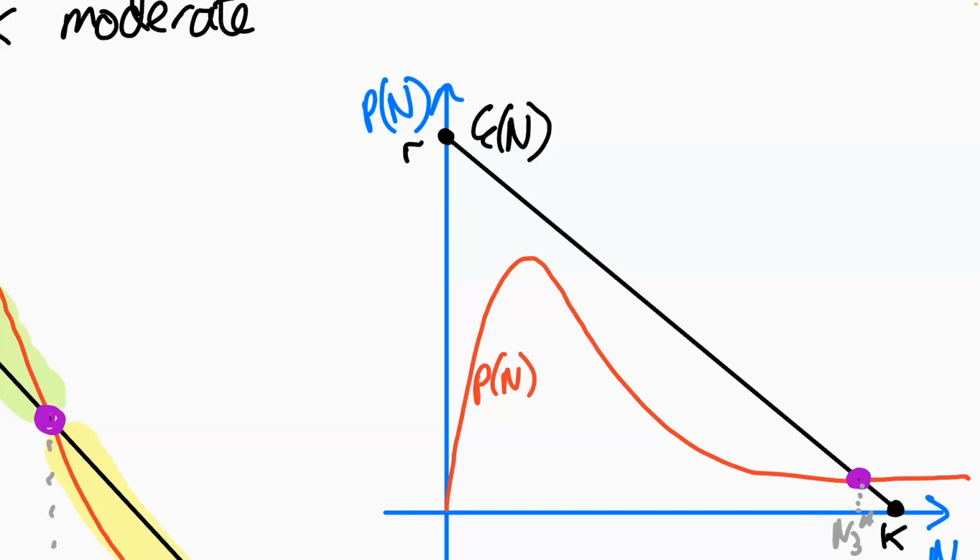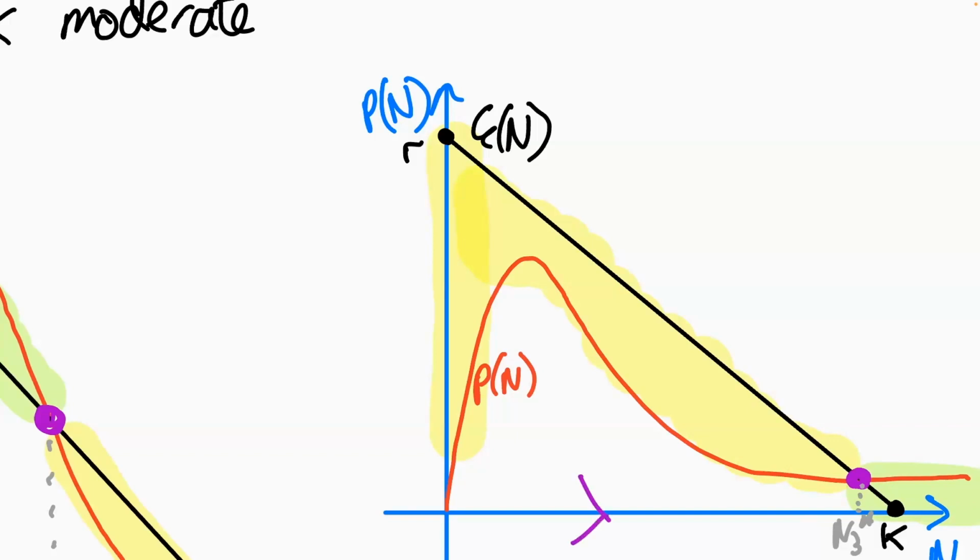And how about the stability of this? Can anyone tell me whether this is going to be stable or unstable? Stable, yeah. So when we think about this, G of n is bigger than our P of n to the left, and the P of n, the predation term, is bigger on the right.